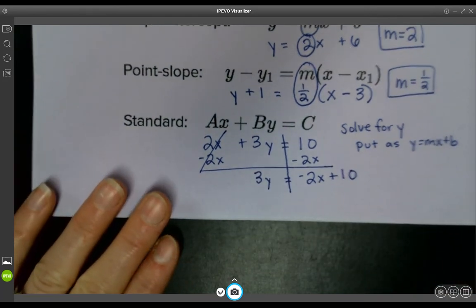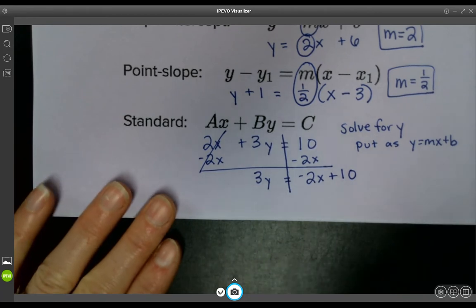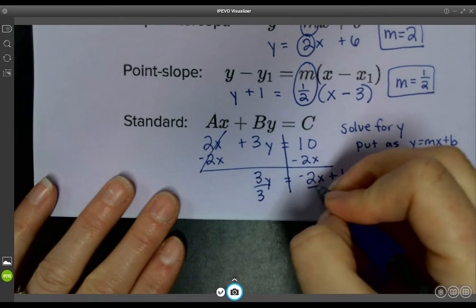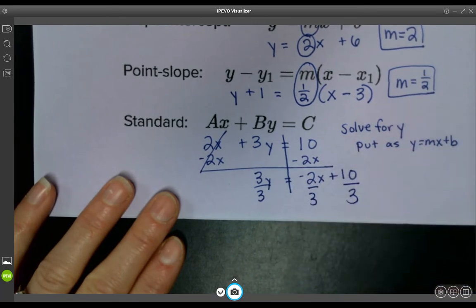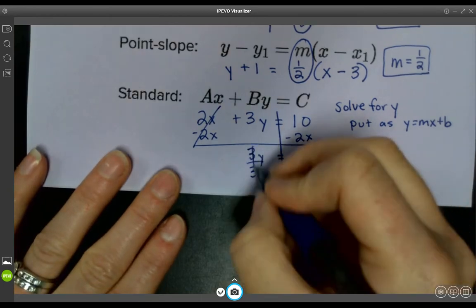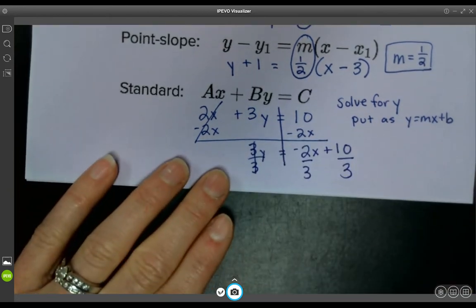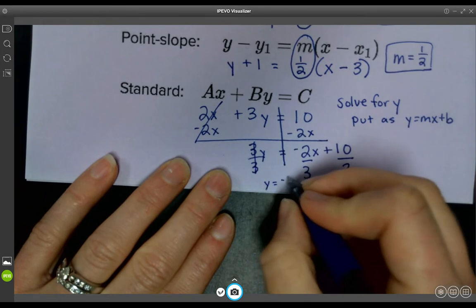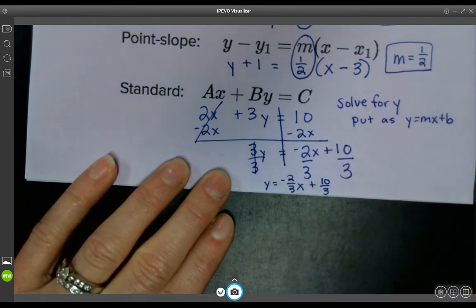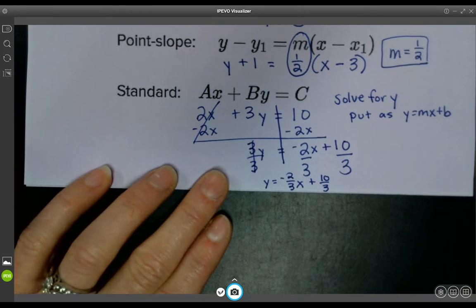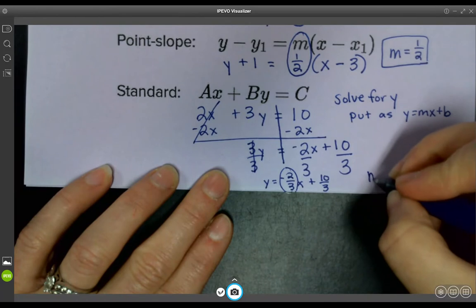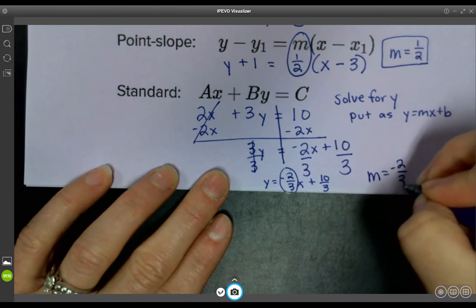You cannot combine them. Divide by 3 all the way through. So then that would leave us with y equals negative 2/3 x plus 10 over 3. So then our slope is just the number in front of x. m equals negative 2/3.